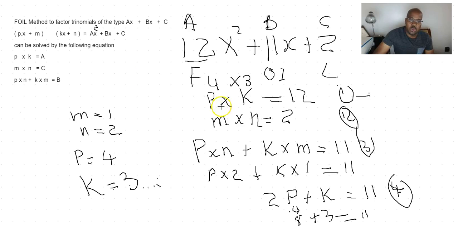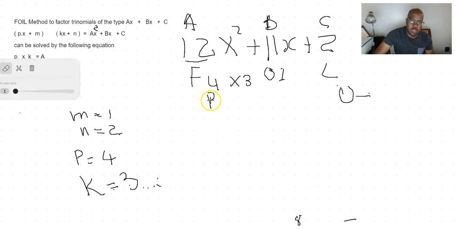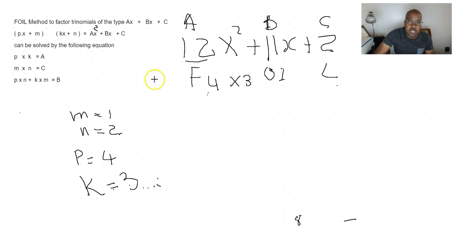Let me try to factor the way it was. So I'm going to use this part. Now by replacing, I'm just going to replace here px.